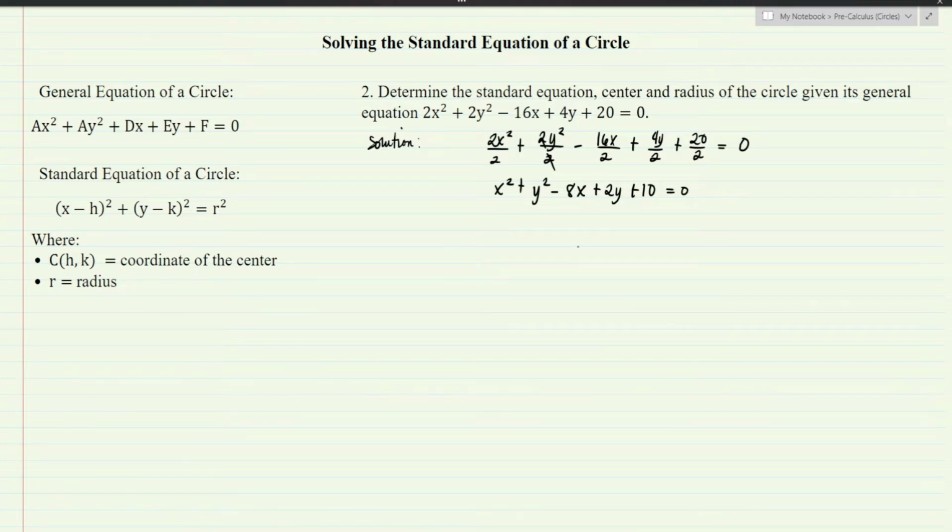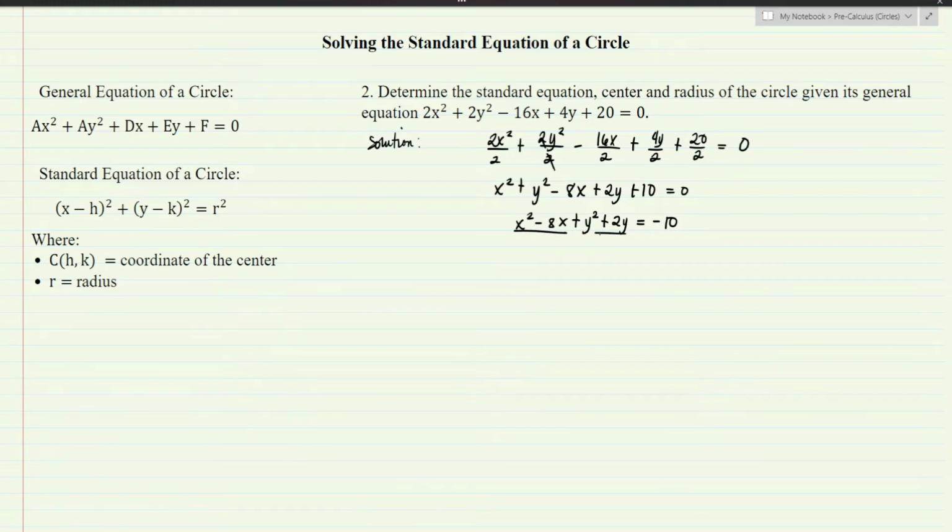We can now rearrange the terms so that x squared will go first, followed by negative 8x, then y squared, then 2y, then as for the constant term, we will transpose that one to the right side of the equation. So we now have our two quadratic equations.